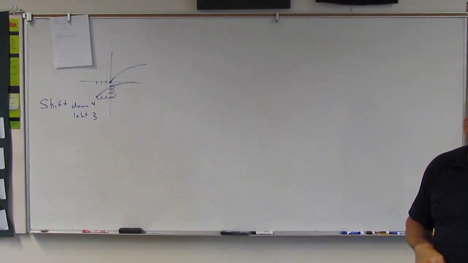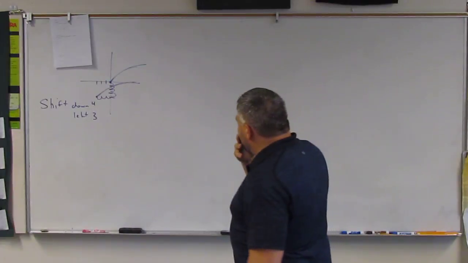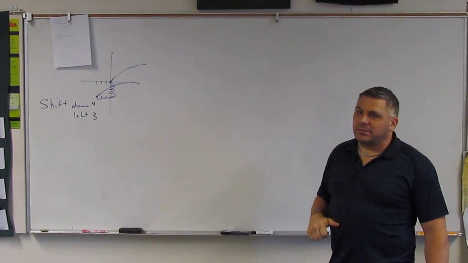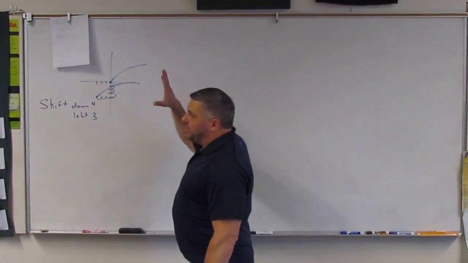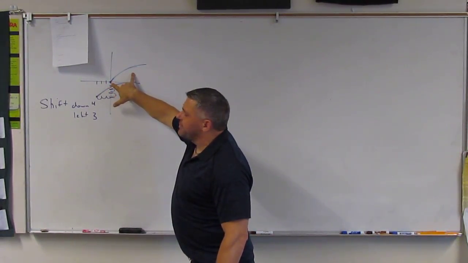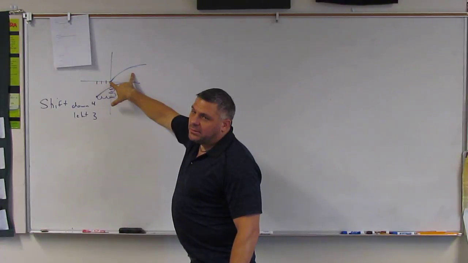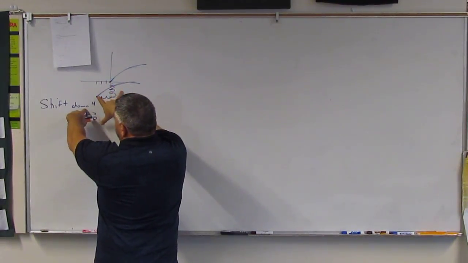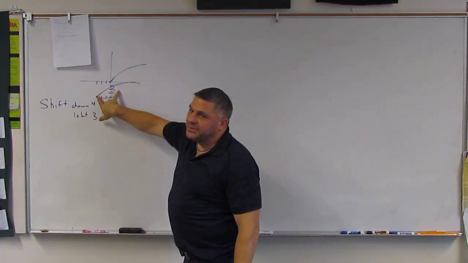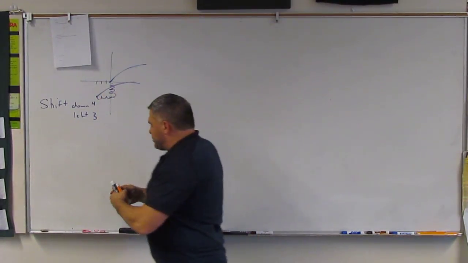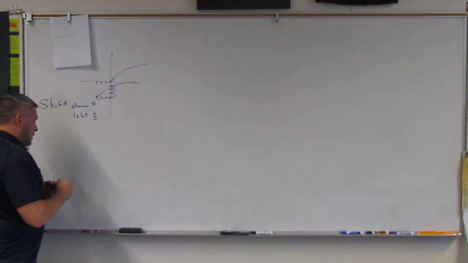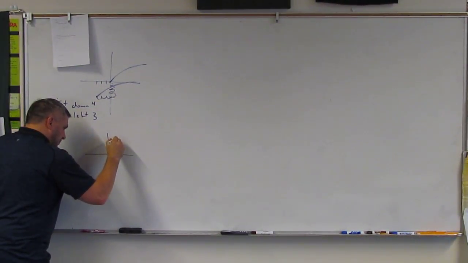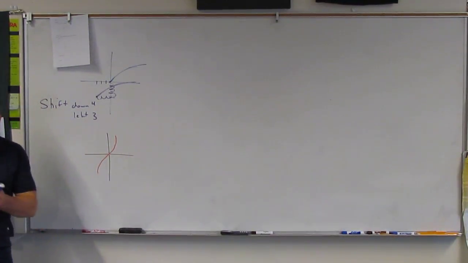Okay? All right. So for those of you that aren't good yet, all I'm doing is I'm taking whatever graph they give me, and I'm just going to move it wherever they tell me. Down 4, right 3. That's it. That's all I'm doing. So if this graph looked like this, right?